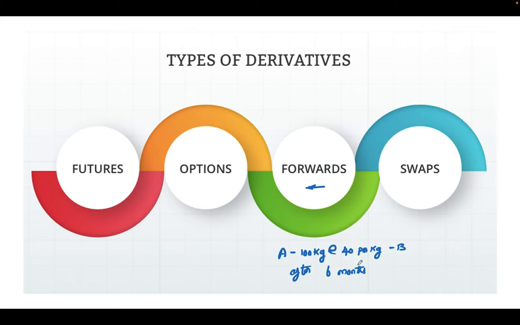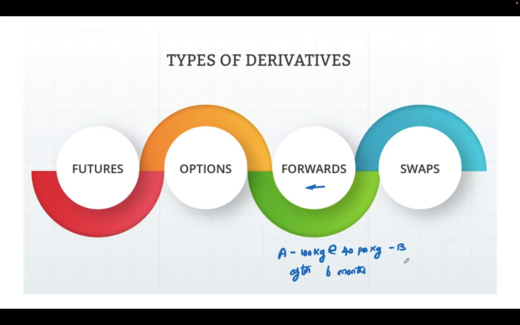Yeah, but there is a counterparty risk in forward contract. So counterparty risk is the risk of default by one of the party. So here you have two parties, A and B. This contract is not in an exchange. It is an OTC contract. So here we have counterparty risk.